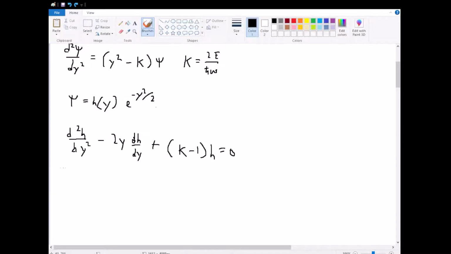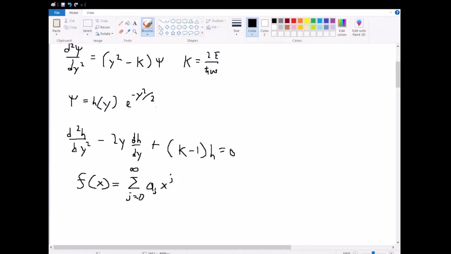Hopefully you're familiar with what these are, but there's a theorem called Taylor's theorem, which states that any function f of x can be expressed as what's called a power series, where we can write it as a summation indexed by j, starting at 0 and going to infinity, of a sub j, which are coefficients, multiplied by x to the power of j.